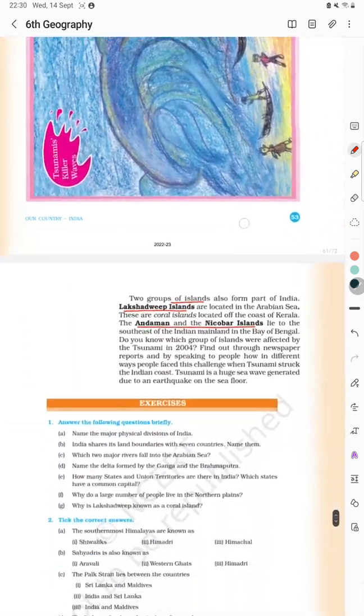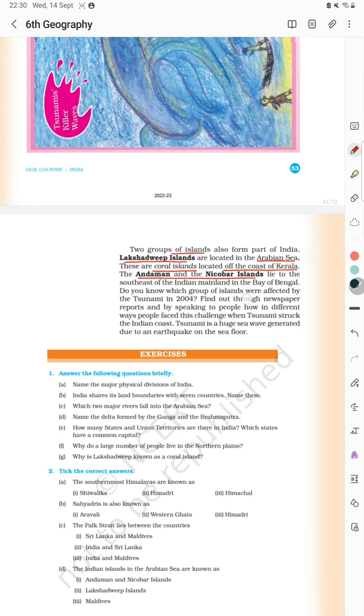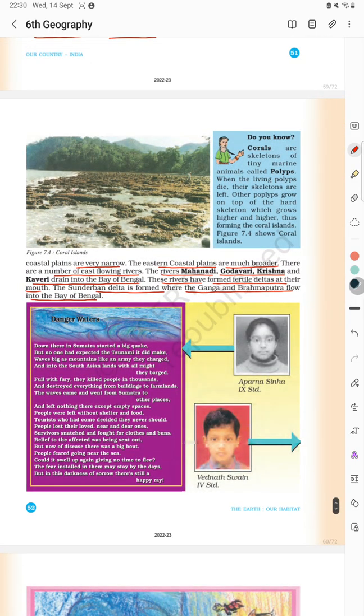So Lakshadweep islands are located in the Arabian Sea and these are coral islands located off the coast of Kerala. Now what is coral? Corals are skeletons of tiny marine animals called polyps.